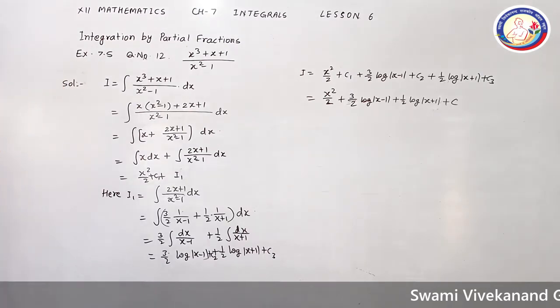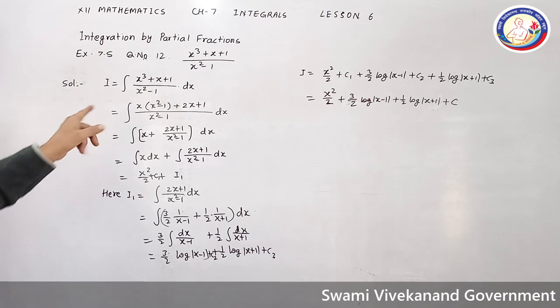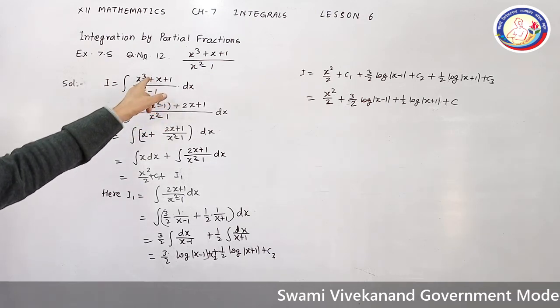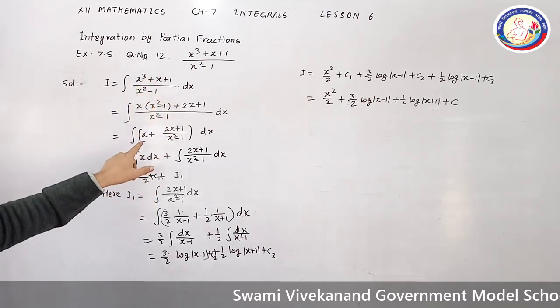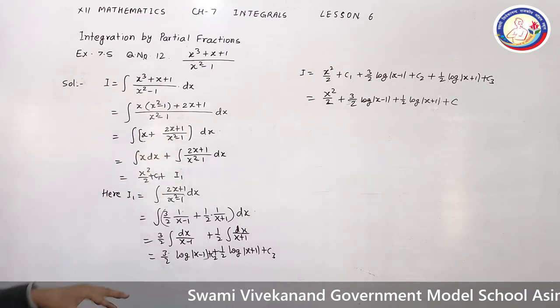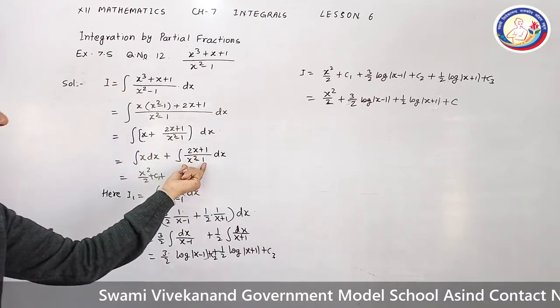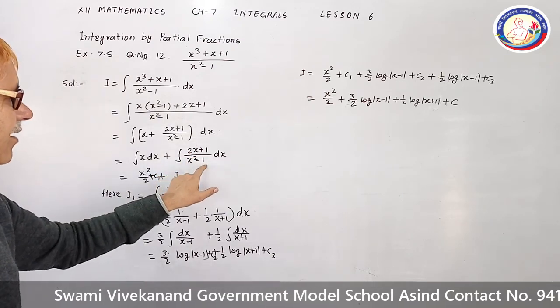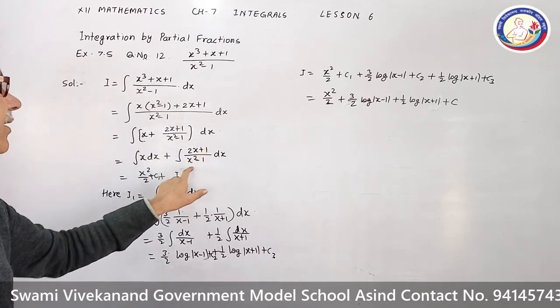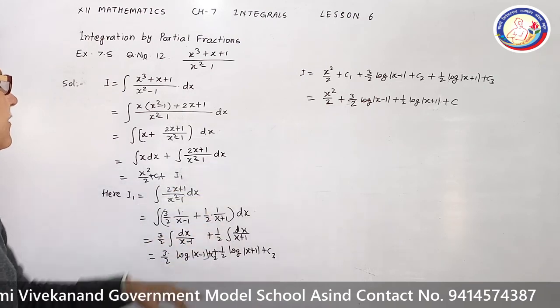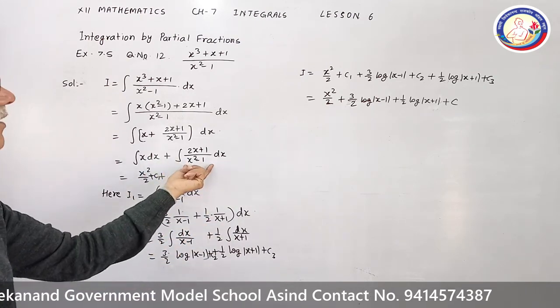The given integration, we can find by first of all dividing by x square minus 1, breaking this in two parts, then this is easily integrable. We can integrate in two manners. 2x upon x square minus 1 is one part and 1 upon x square minus 1 is the second part, or use partial fractions.